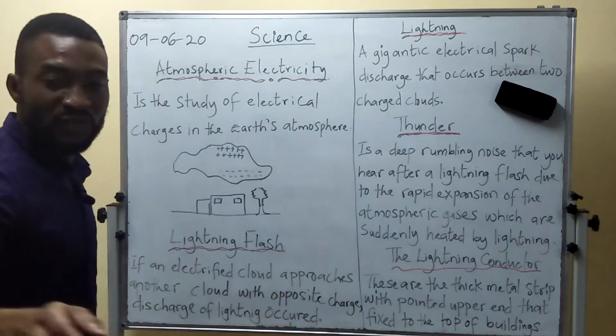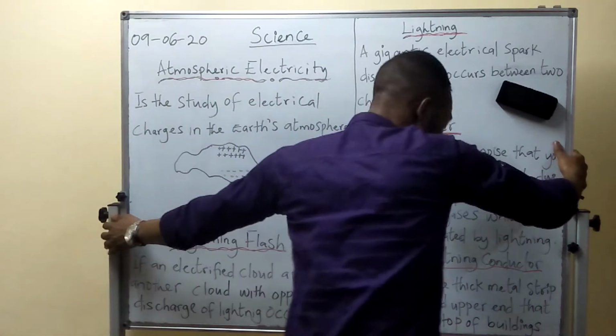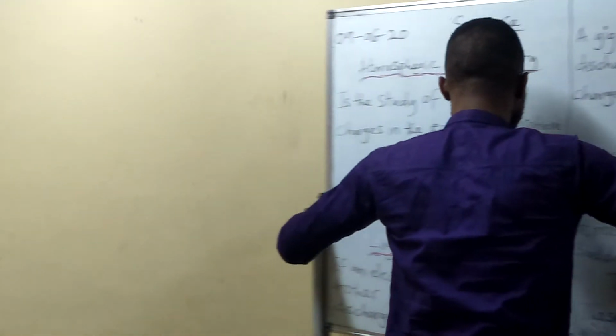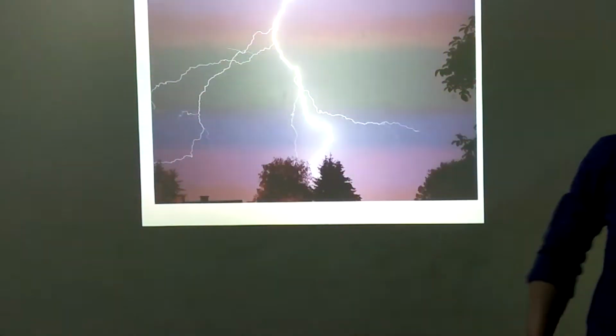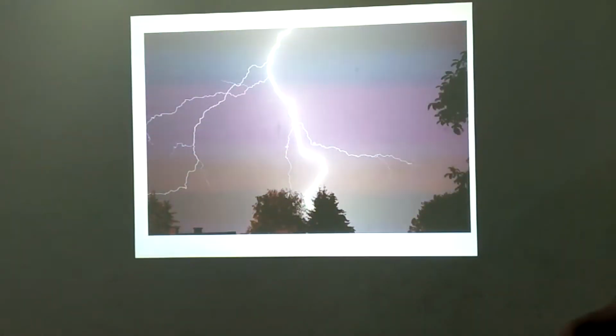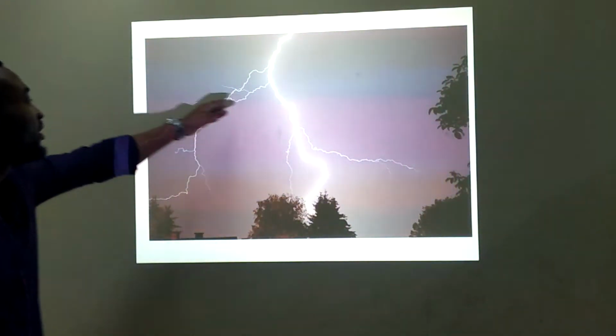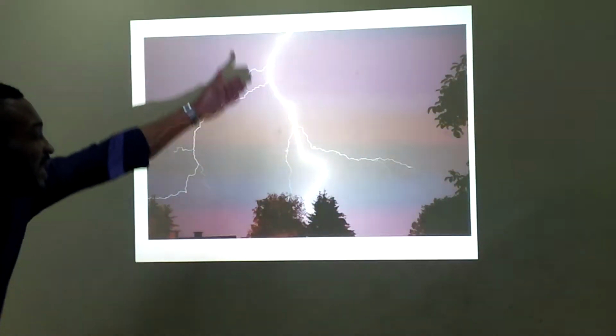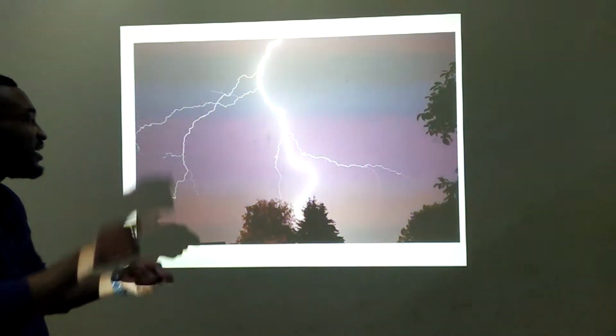So you can see from this view. Let me show you what lightning is. As you can see, this is the lightning. The first one that I said is the lightning flash.